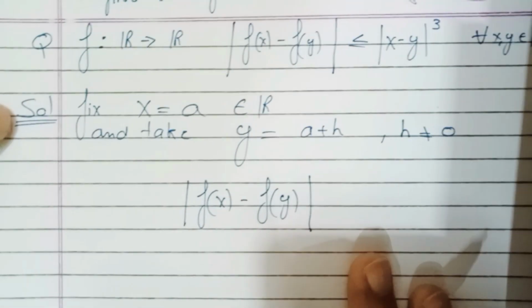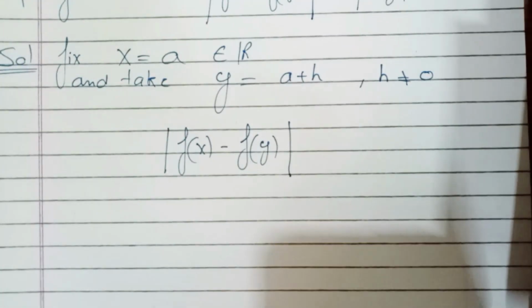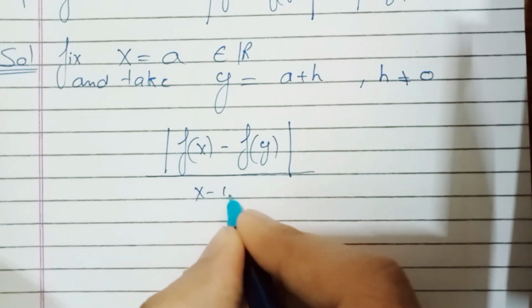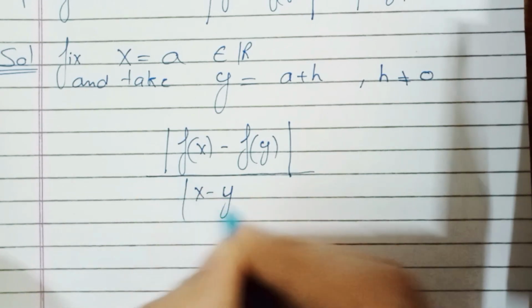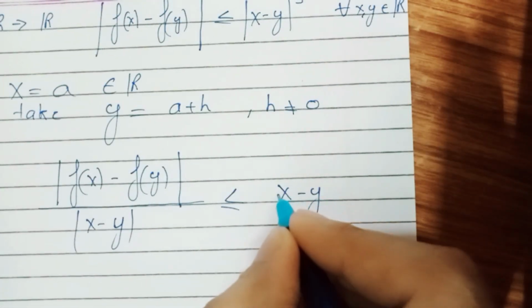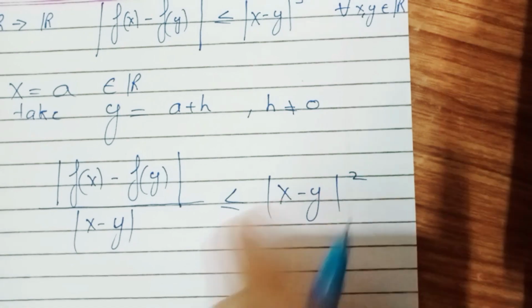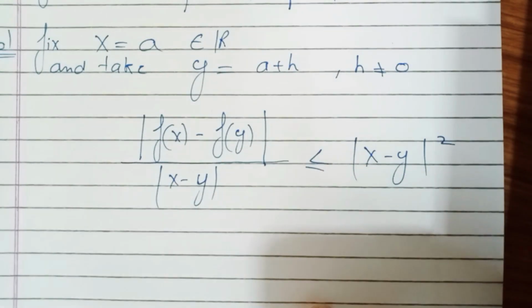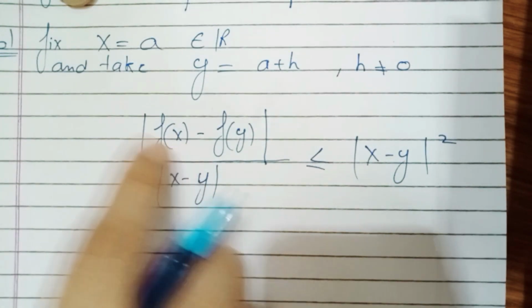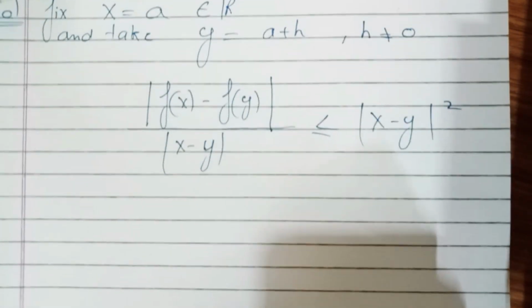And now I will divide this whole by modulus of x minus y, less than modulus of x minus y squared. And this inequality is true for all x and y. Now I'll replace the value of x as a and y to be a plus h.